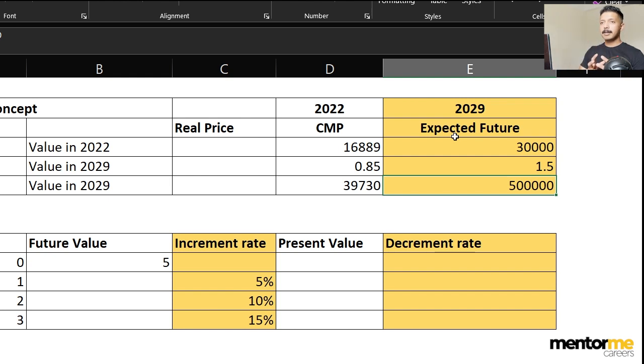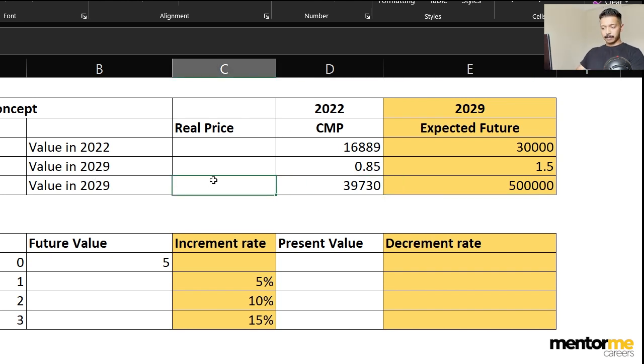Now, the current market price and the expected future price have a lot in common in terms of the basic question that we're trying to answer. And the question is, what is the value that you are ready to pay? For example, if I talk about Bitcoin, since you might be able to relate to this a little easier, although the value of Bitcoin today in the market is $39,000, that has no meaning unless and until I have an expectation of the future.